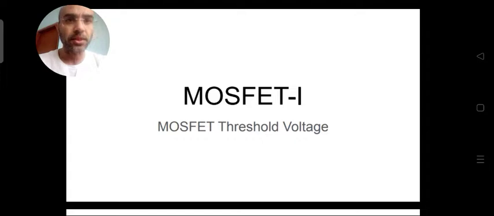Now from today's class we will move into the more core things. What we discussed yesterday was important, but it was all introductory, just to get familiar with what the course is about and what you do in the field. Now we will start to get into the depth of things. So let's first try to understand the MOSFET.